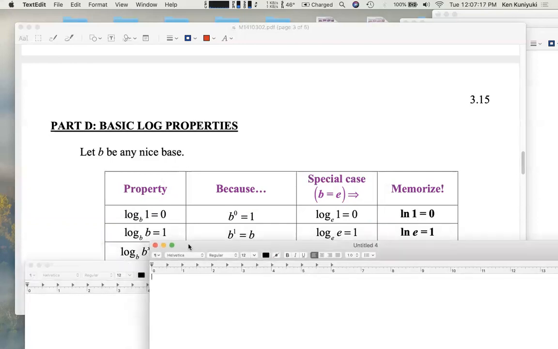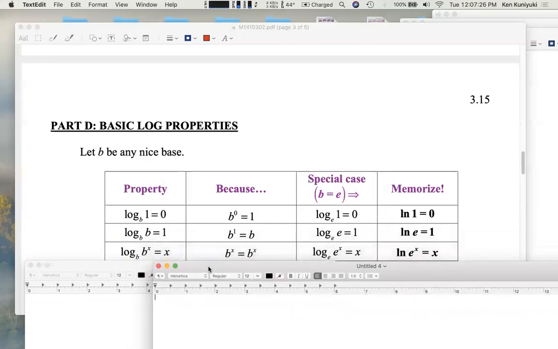How about log base b of b to the x? b to the what is b to the x? Again, it's another horse is a horse problem. b to the x is b to the x. This is like a special case of this where x is 1, right?